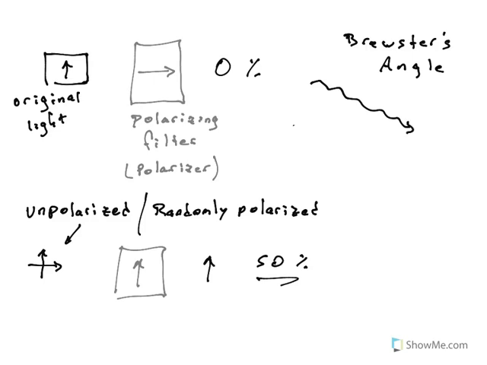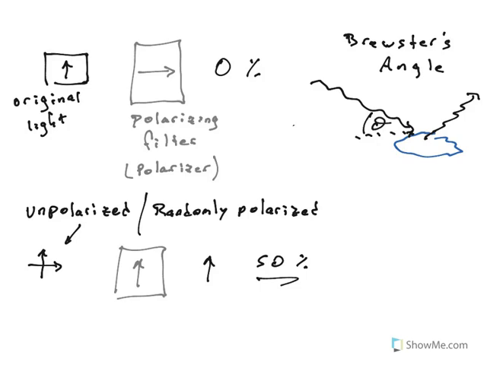Of course, it's unpolarized, so it's randomly polarized. If it comes in and reflects off some water or glass or a mirror or something, then the light that comes out as a reflection is polarized in a very specific way depending on the angle of incidence.